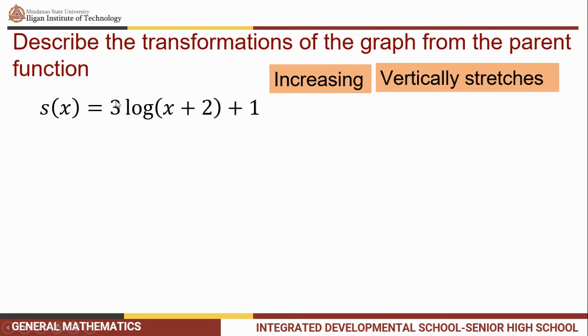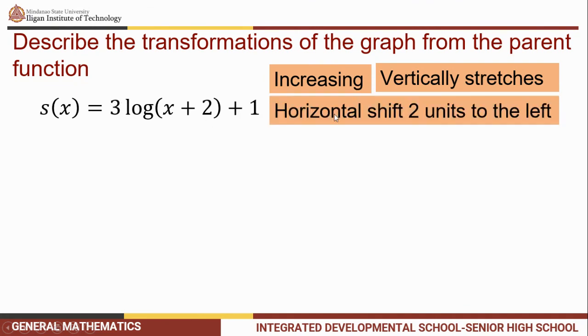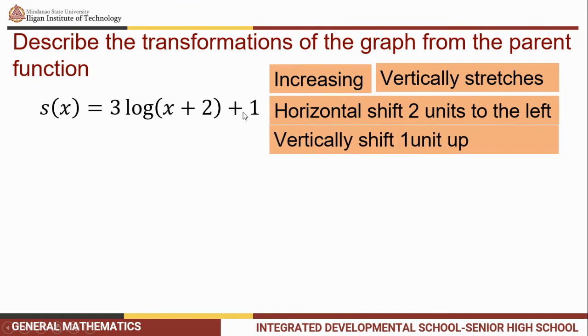It is because we have here our a is greater than 1. There will be horizontal shift of 2 units to the left, and we have here vertical shift of 1 unit up.